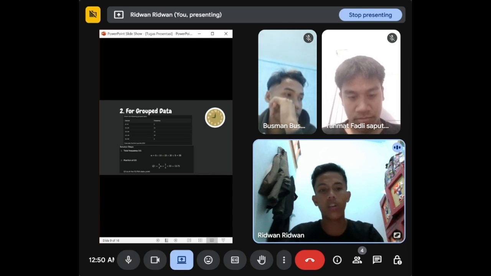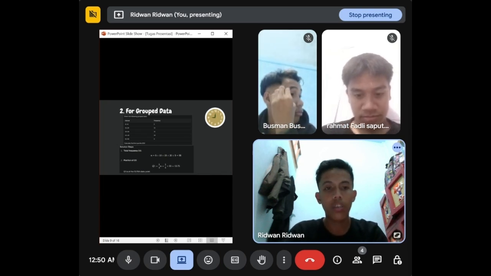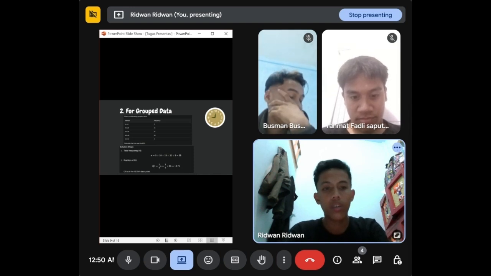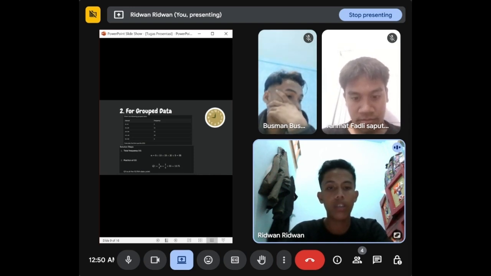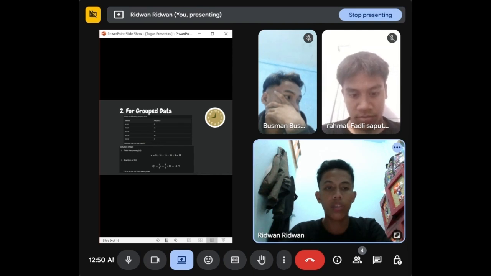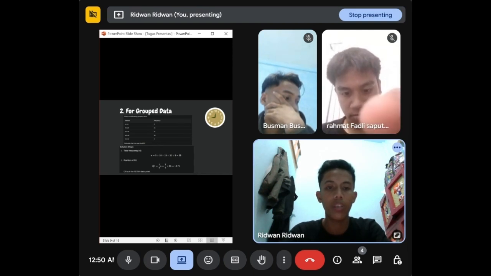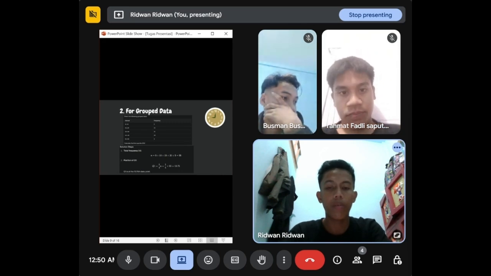Quartile 1 equals 1/4 times n, equals 1/4 times 55, equals 13.75. So quartile 1 is at the 13.75th data point.